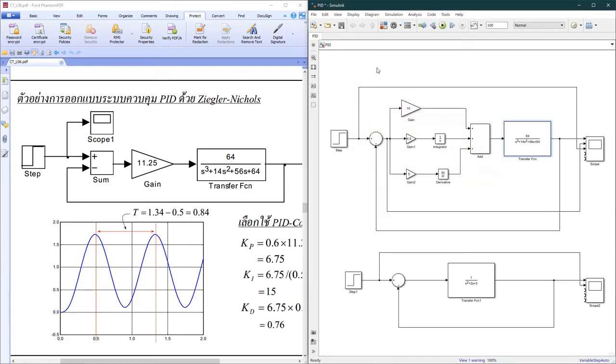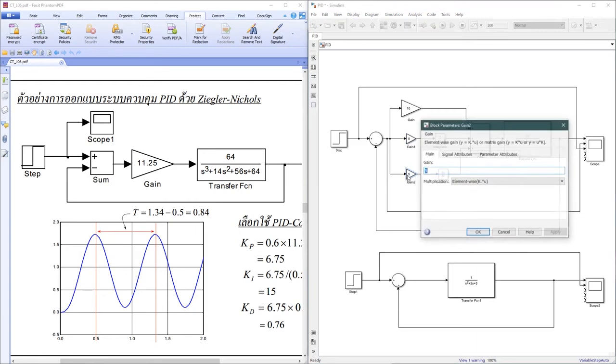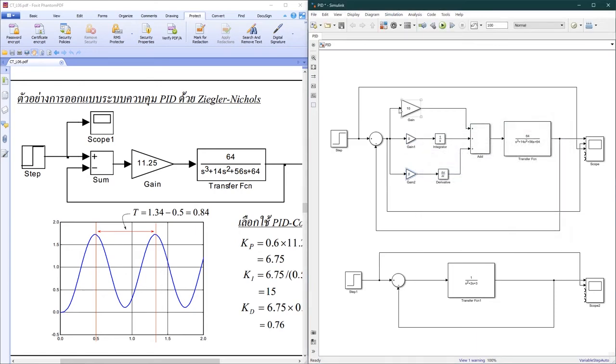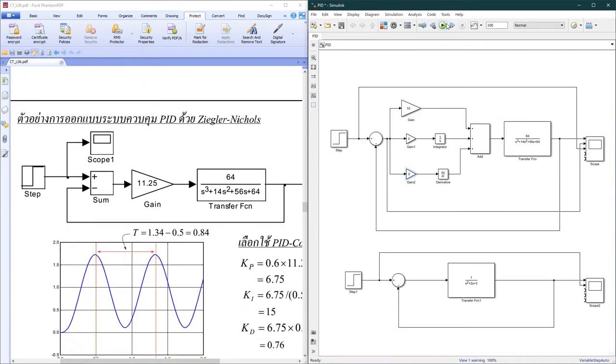First, we only have Kc, which actually is Kp, so change Ki and Kd to 0. Then we adjust Kc until oscillation appears. Okay, I will run the model to show you first.